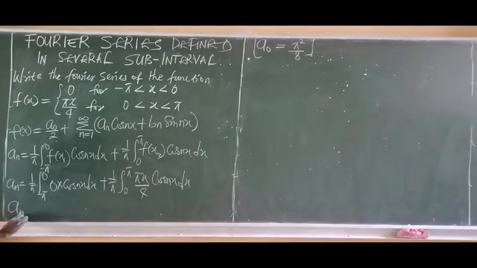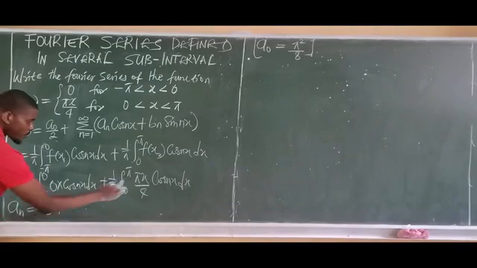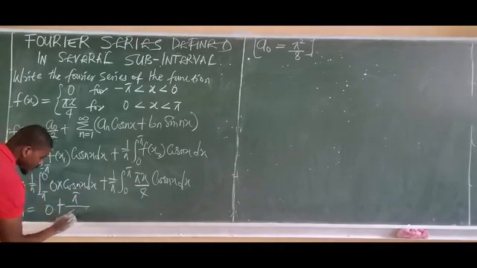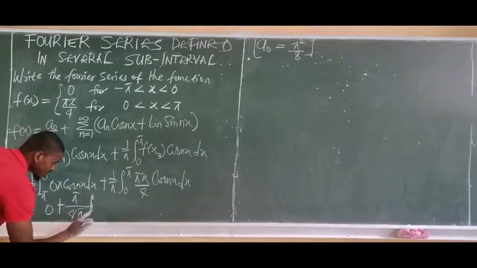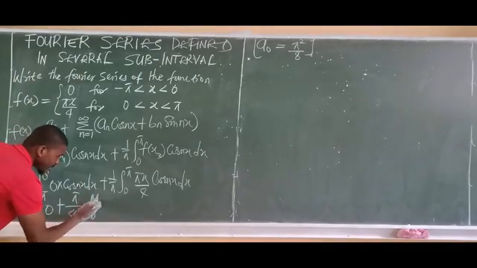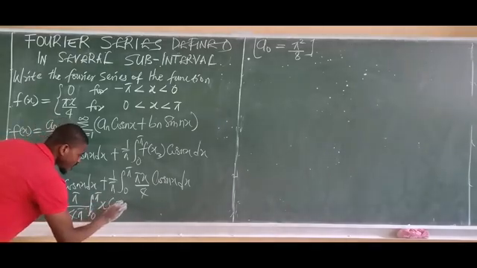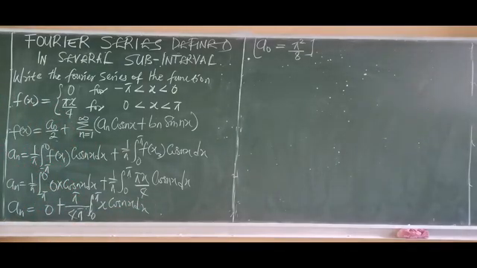This means that an is equal to 0 plus, again, pi over 4 is a constant, so pull it out. So pi times 1 gives us pi, all over 4 times pi, here gives us 4 pi, integral from 0 to pi of x cos nx times dx.